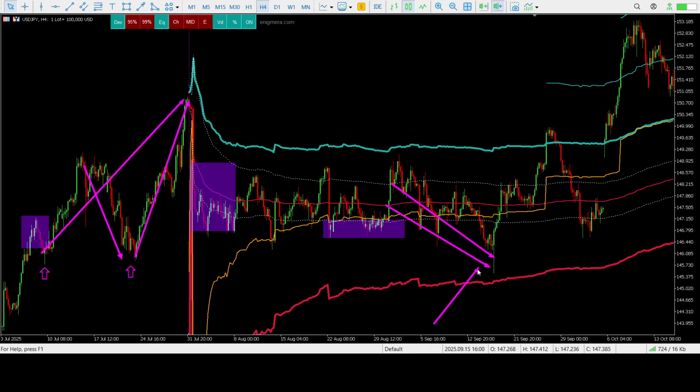To where? To the liquidity of the daily chart, which is here. You can see how precise this is. So the next, this is our bottom, and the next estimation is from this bottom.